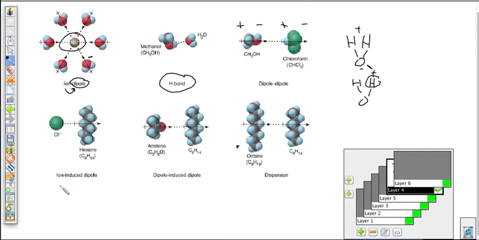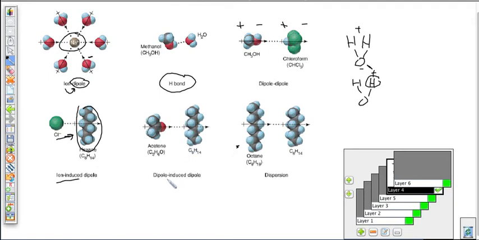And then we also could have ion-induced dipole, where you have a molecule like this, which is normally not a dipole, but if a chlorine comes close enough to it, that chlorine is going to attract the positive aspects of this molecule to itself and push the negative ones away. So this ion is strong enough to cause this to become a dipole. That would be ion-induced dipole.